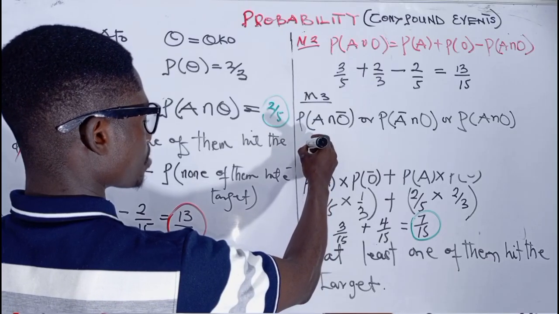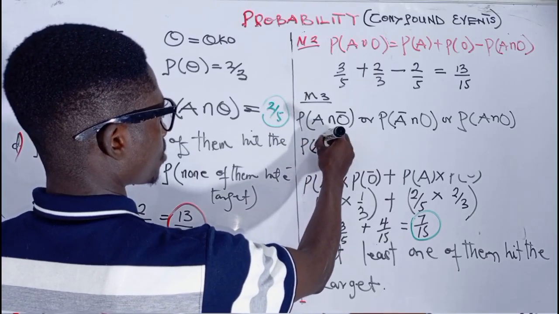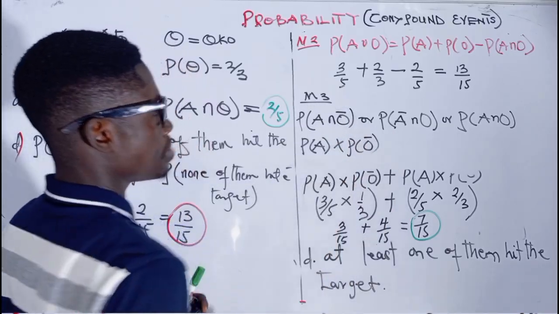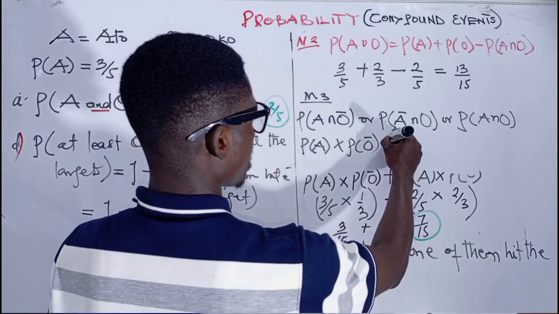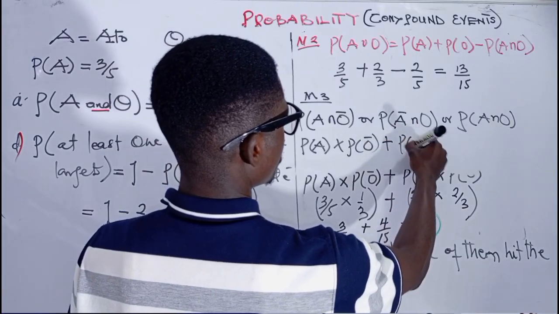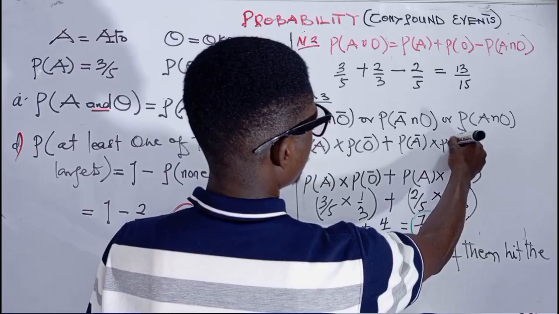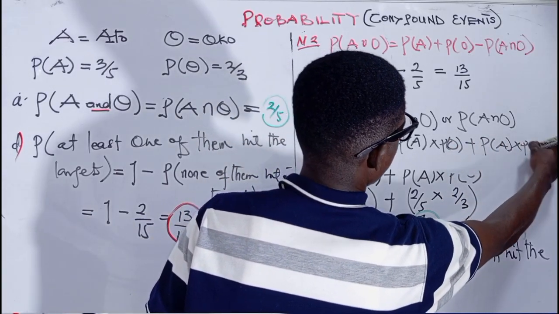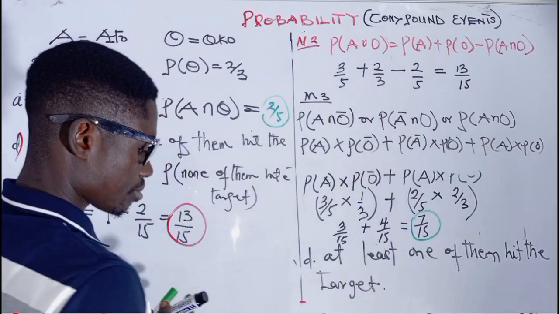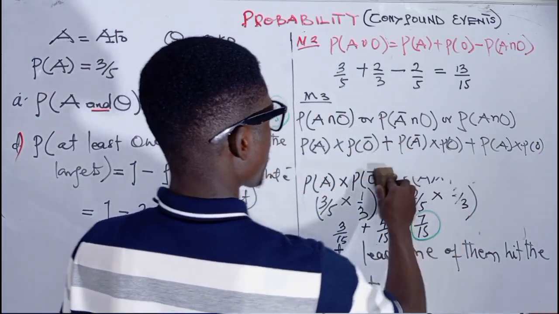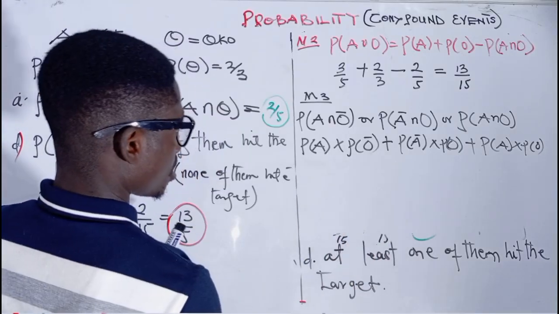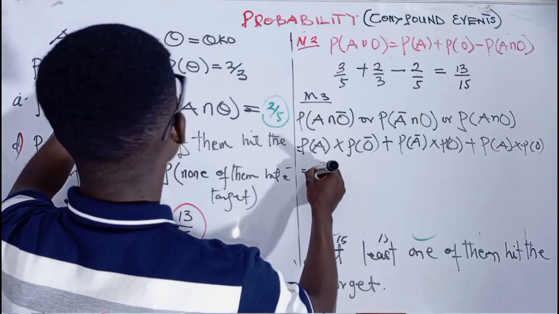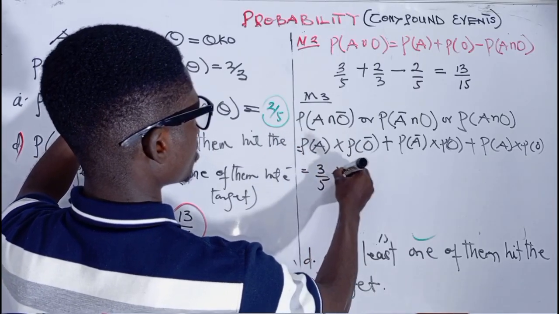So we can expand this and write it as the probability that Ato hit the target, the N means multiplication, then the probability that Oko missed the target. The O means the addition. And then we have P of A prime, and then P of O, plus P of A multiplied by P of O. The probability that Ato hit the target, we had 3 over 5.